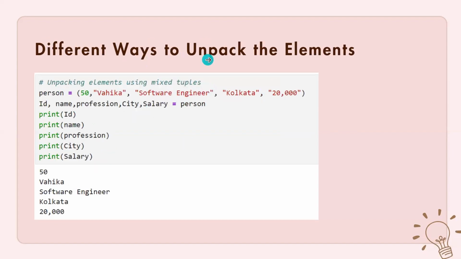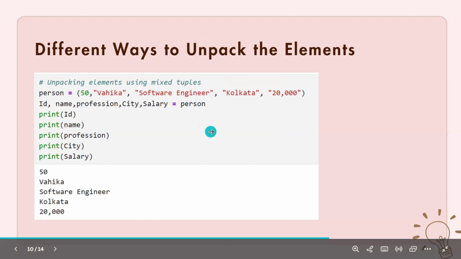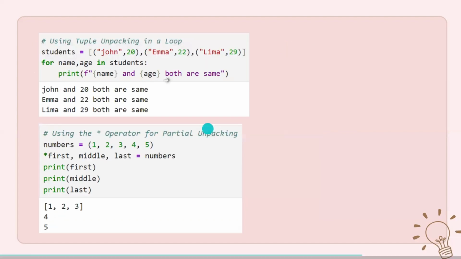And there are different ways to unpack the elements. So, unpacking elements using mixed tuples. This is an integer, this is a string, this is also a string, and this is also a string, right? So here is the output of this program. Here we are using tuple unpacking in a loop format.